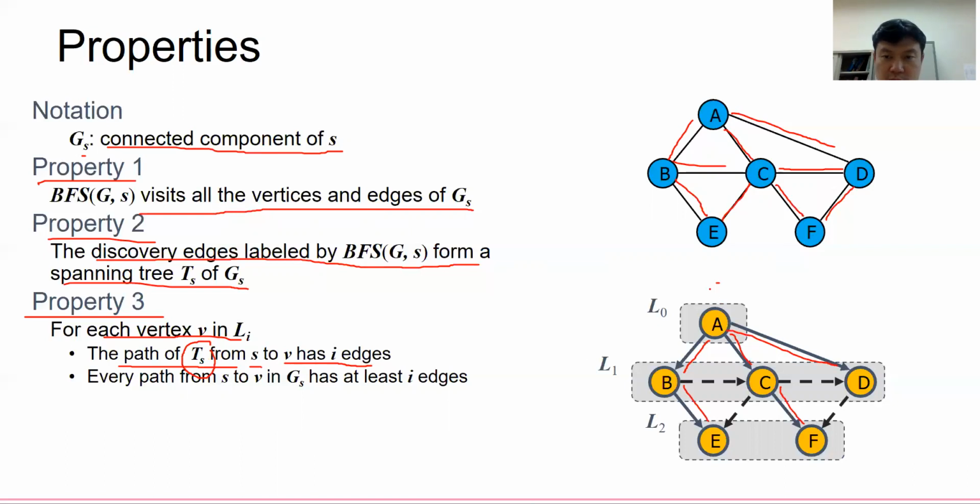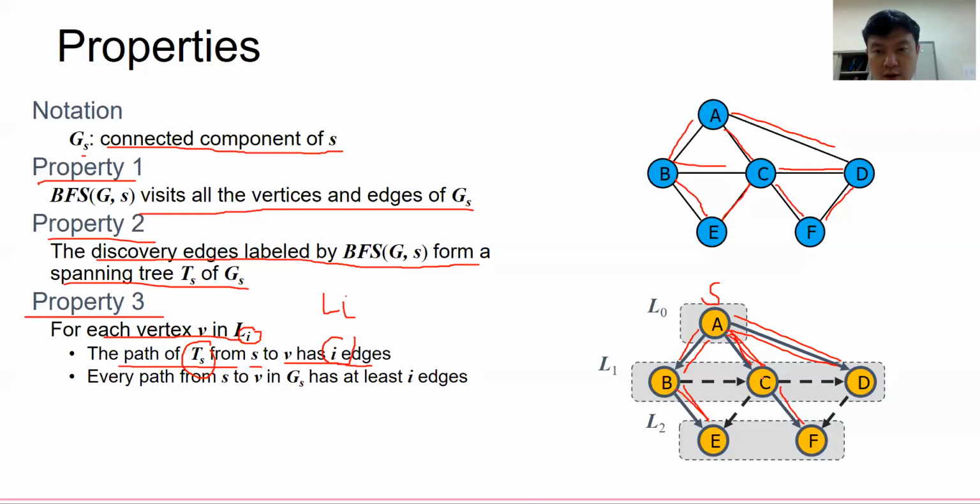Okay, this is like, for example, this is the S. This is the starting point. It has the path from S to any of the node, okay, and it has the I edges. I means, yeah, something related with the, okay, this one is the Li. Okay, Li, you know that I, if we have 2 depth, then the I will be 2. So the path from the TS, it means from the starting point to V has 2 edges. 1, 2.